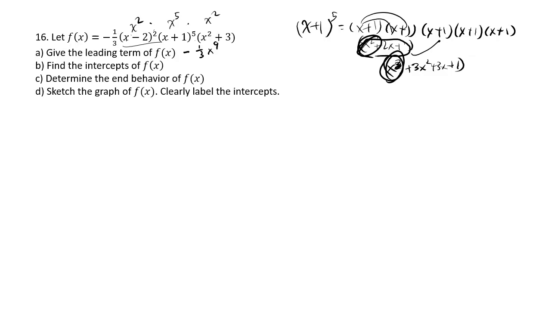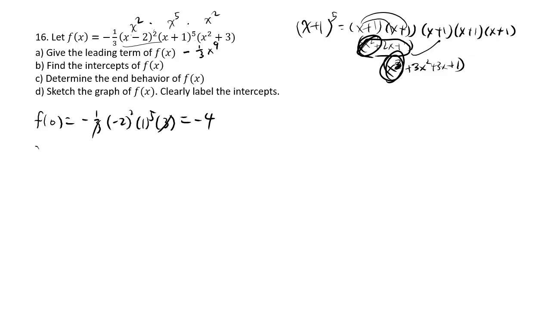Find the intercepts of f of x. So how do you get intercepts? First, f of 0. f of 0 is negative 1/3, negative 2 squared, times 1 to the 5th, times 3. 3 cancels. Negative 2 squared is positive 4, negative 4. So the y-intercept is negative 4.